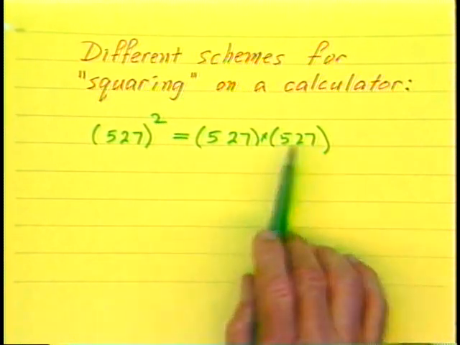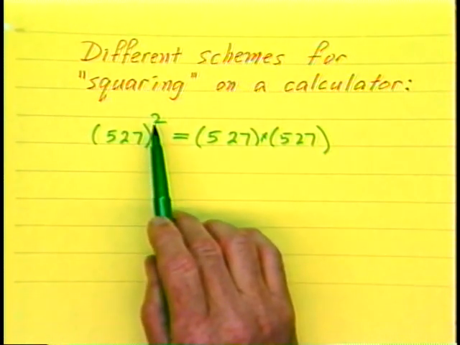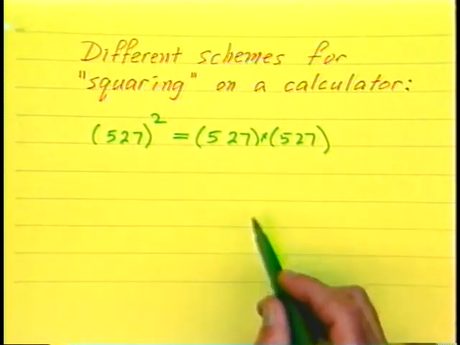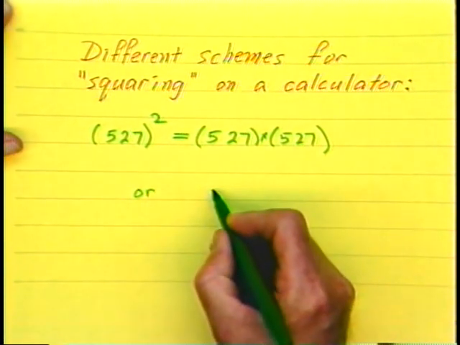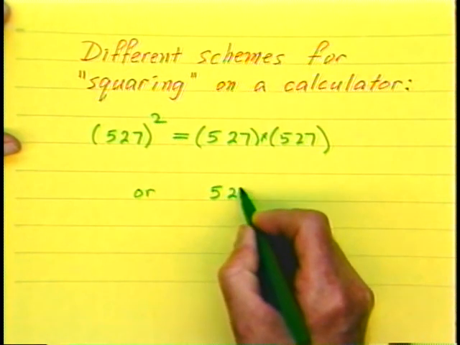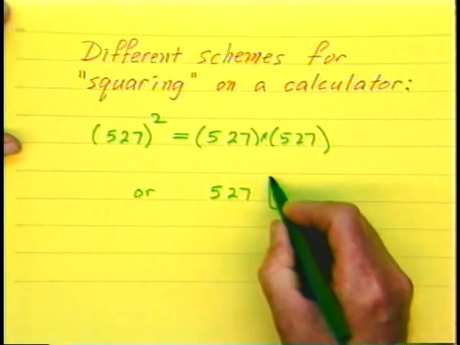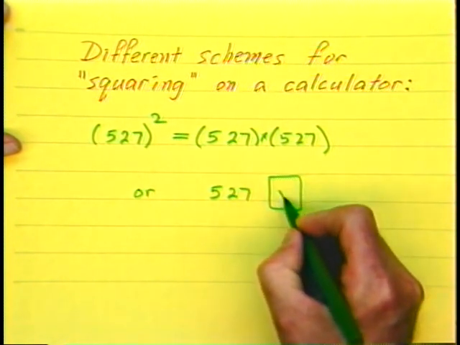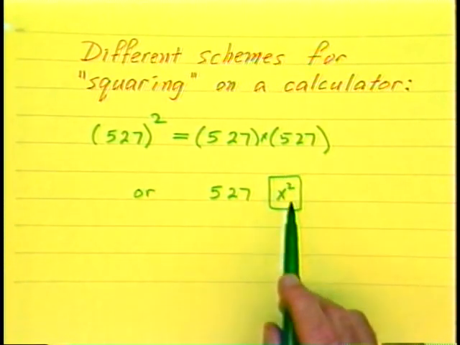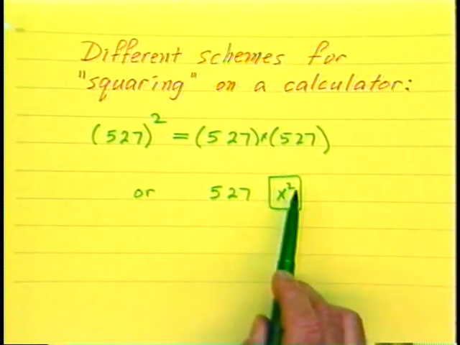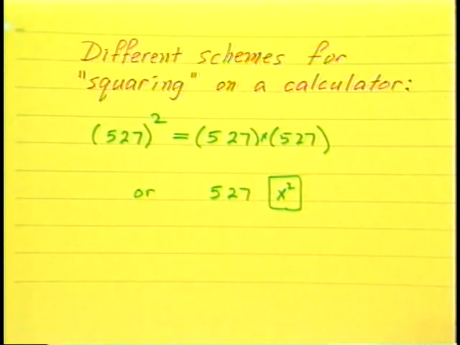And of course there's nothing wrong with that, but if you do this a whole lot, naturally we sort of desire a shortcut. So one of our shortcuts was to simply enter the number, then find the key that has the x squared either on it or above it. So you hit this number and this key, and that's all there is to it.